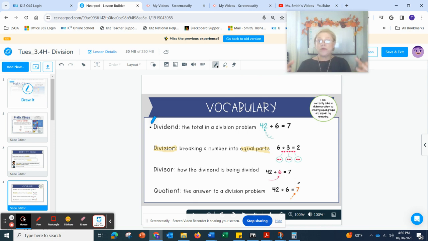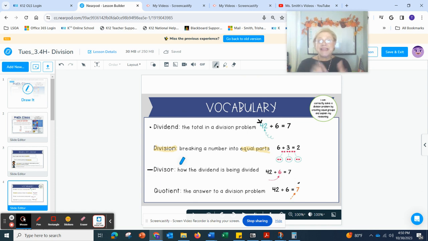Dividend is that total number in a division problem, that whole number, that large number that we're going to divide into. Dividend, divide into. So our example, we're using 42. Our dividend is 42. We're going to break 42 up into equal groups. But how many equal groups? That's where we go visit our friend, Mr. Divisor.